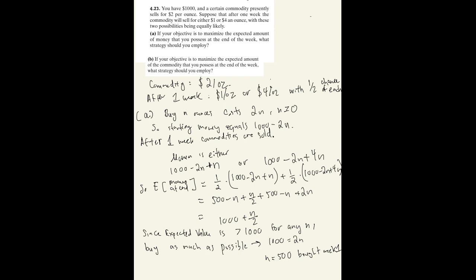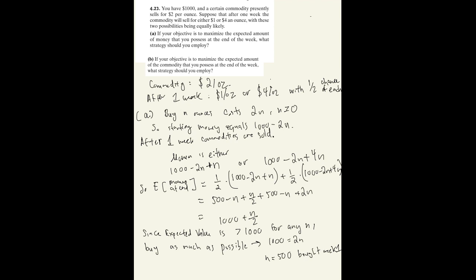The denominator is basically the commodity price, because that's the amount of commodity we can buy after 1 week, and n is the initial commodity we bought. So for part B, we get a decreasing function of 625 minus n over 4.